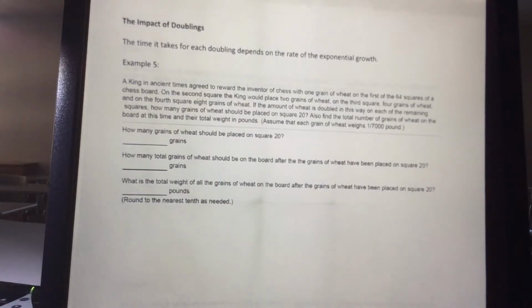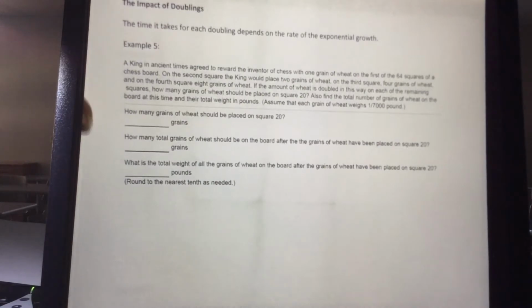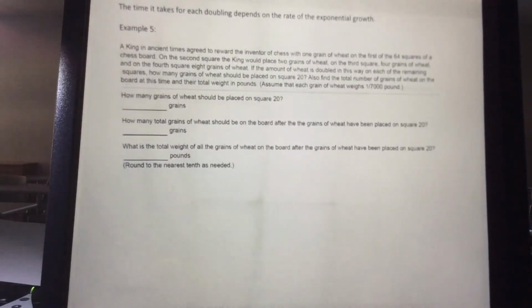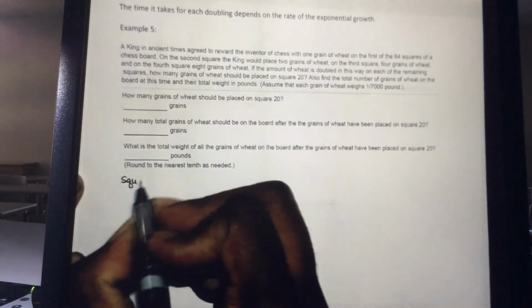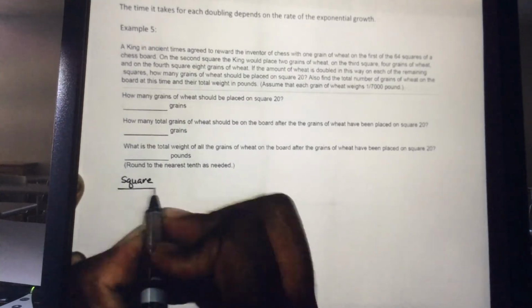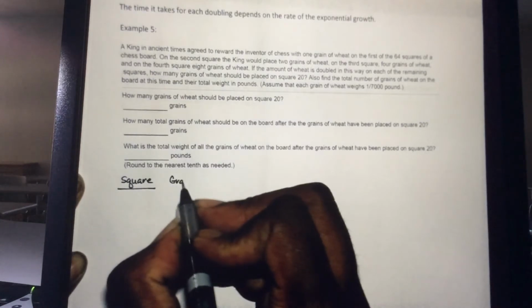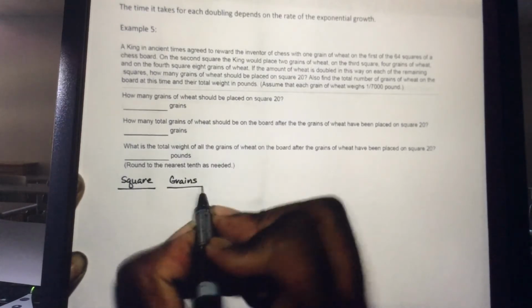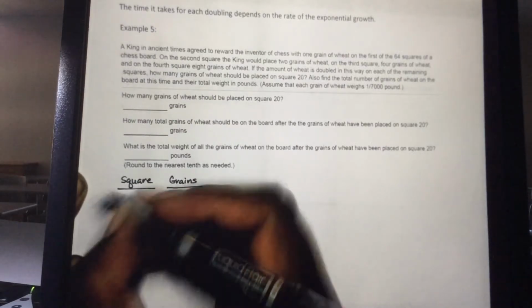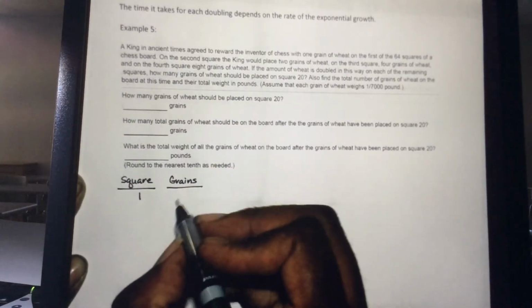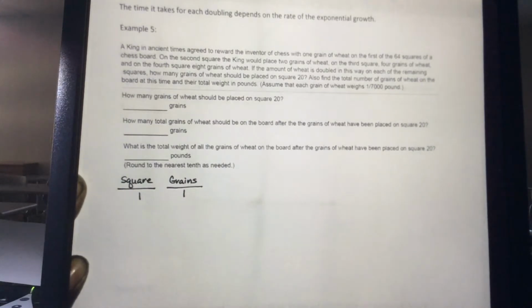All right, let's see how we're going to do this. The way I would do that is create a table. Let's say we have a column for the square, and then the number of grains. Let's see if we can recognize a pattern that's going on here. With square 1, there's only 1 grain of wheat.